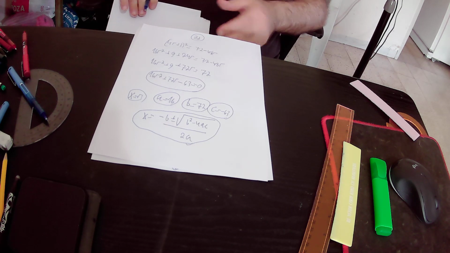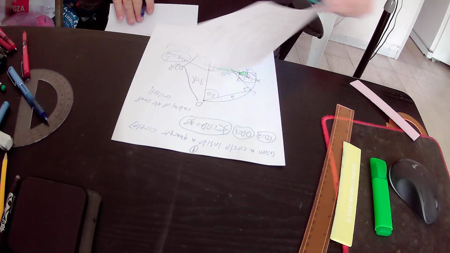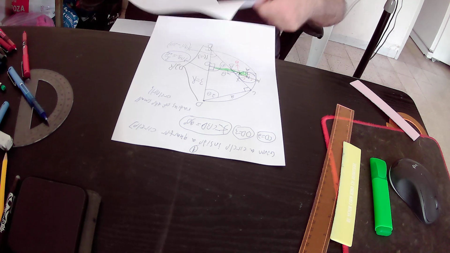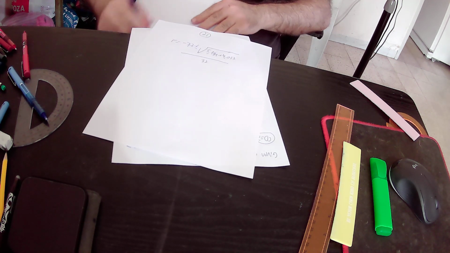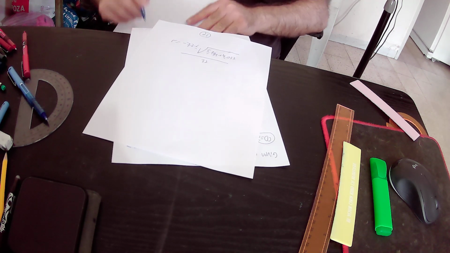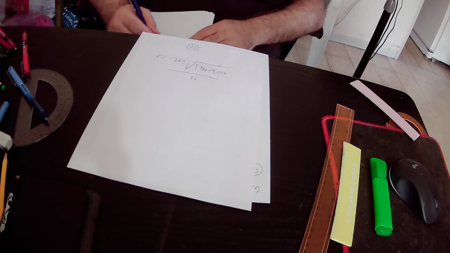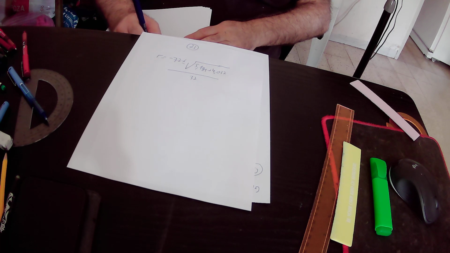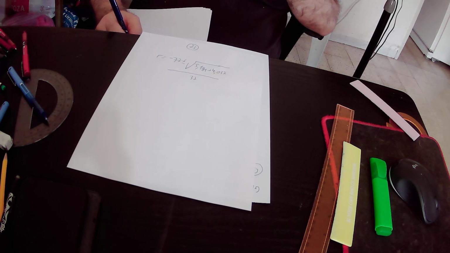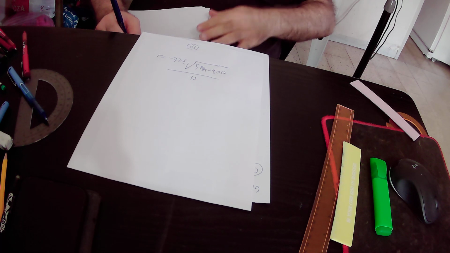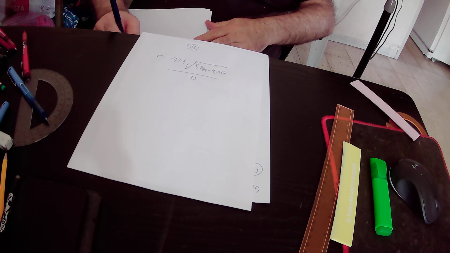So in total we got that the radius of the small circle, r, equals minus 72 plus minus root of 5,184 plus 4,032, which is 9,216, over 32.